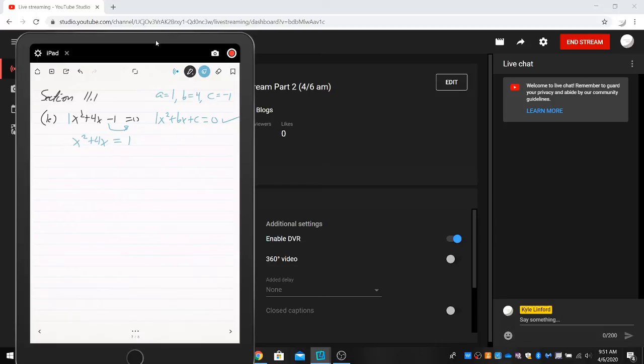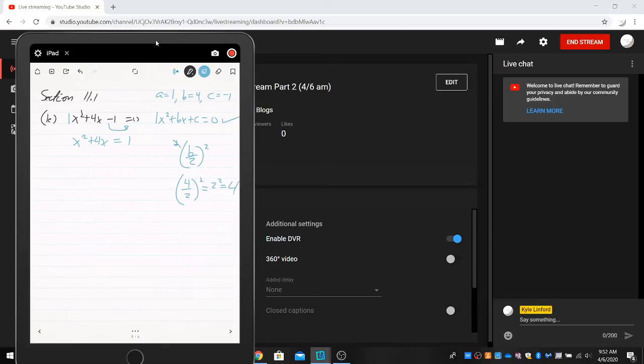Okay? Now what I'm going to do is I'm going to take half of b and square it. So what is that? b is 4, so take half of that and square it. We get 2 squared, which is 4. Okay, what's the point of this number?